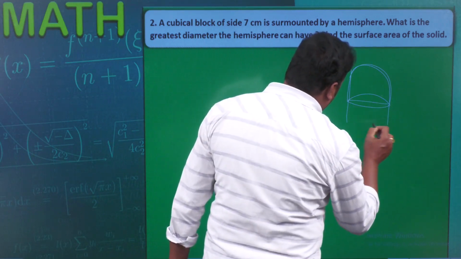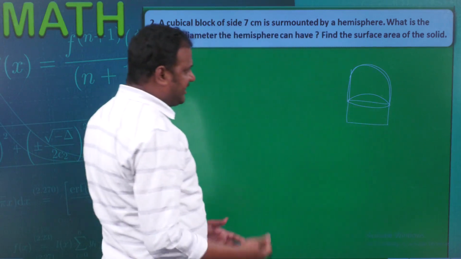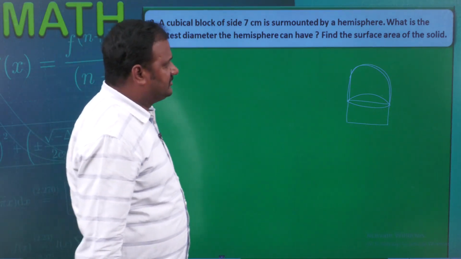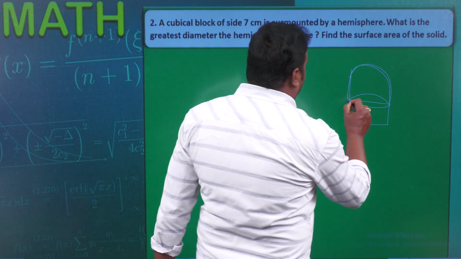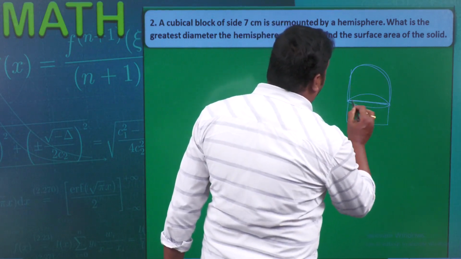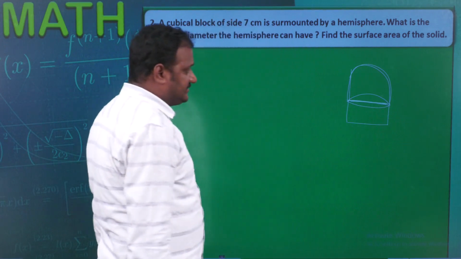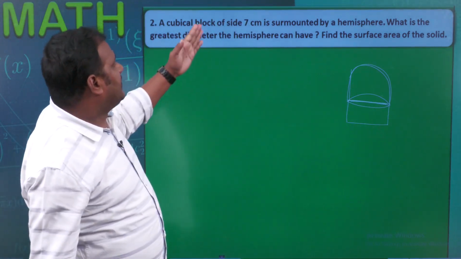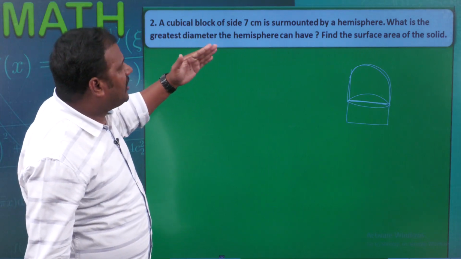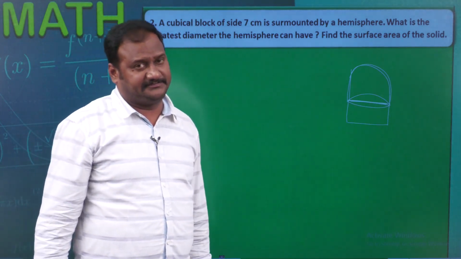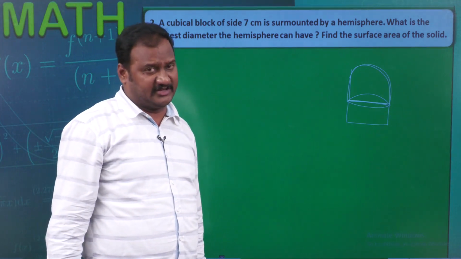This is, for example, a top view or side view of the cubical block. So whatever the diameter of this hemisphere is, that is exactly the maximum value I am talking about. The maximum value of the diameter can be the edge of the cube.